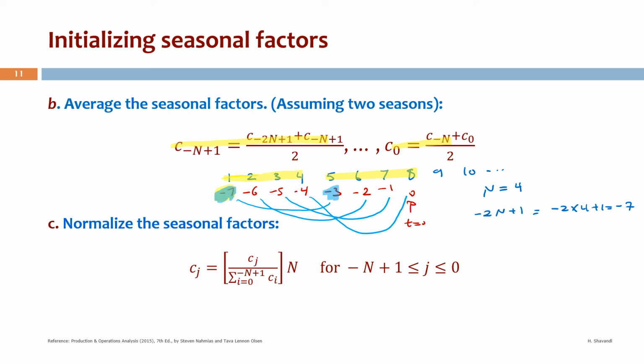And at the end, we need to normalize the seasonal factors, and we do this by dividing each seasonal factor by the sum over the seasonal factors. And since the sum over the seasonal factors should be equal to n, at the end we need to multiply this by n as well. So this is how we obtain the initial seasonal factors.